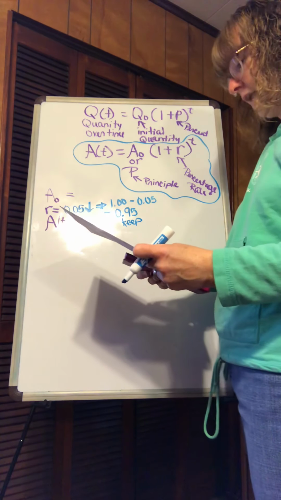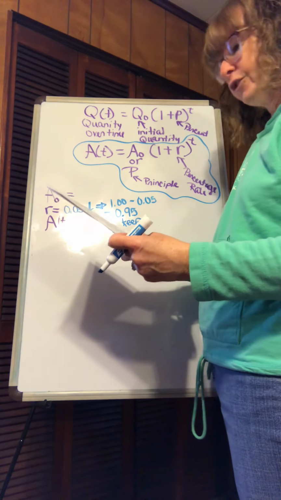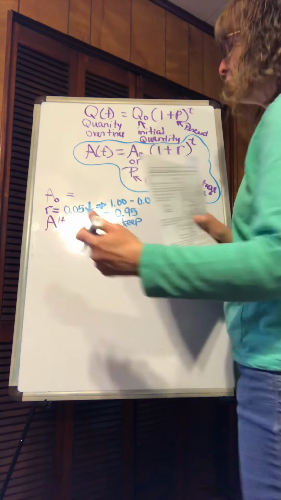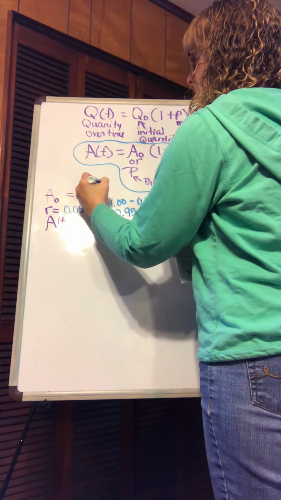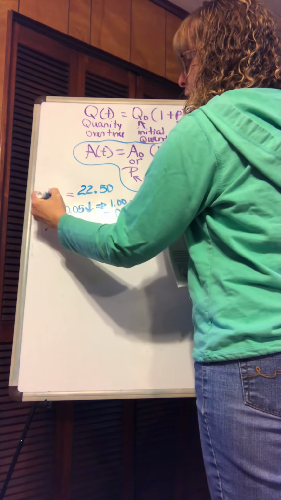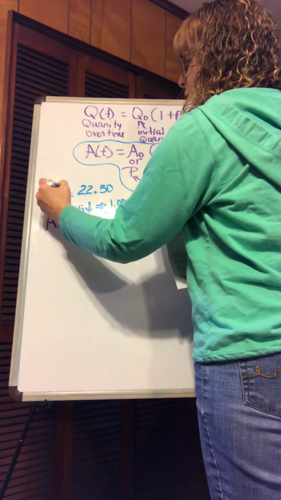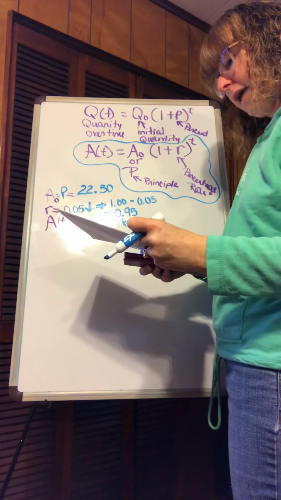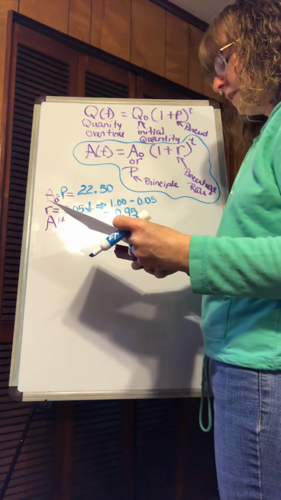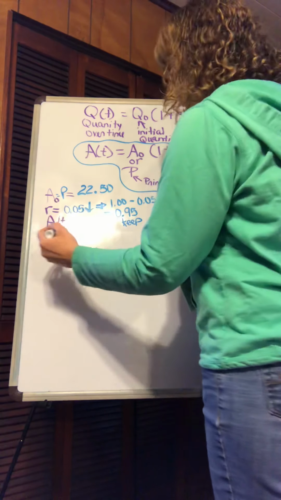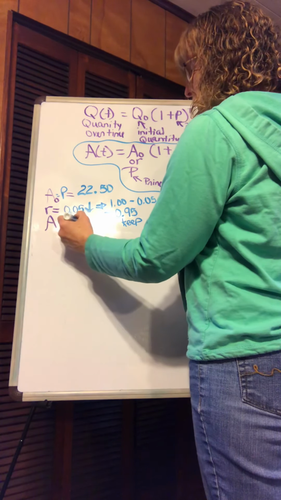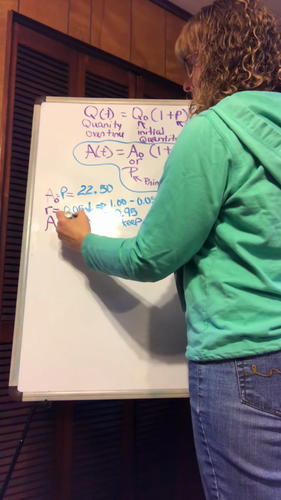Just to remind you again, the stock price started at $22.50, so the initial amount $22.50, the initial principal, because now we can use this or P for principal, and it says determine the number of weeks it will take for the price to reach $10. So now the amount over time is $10.